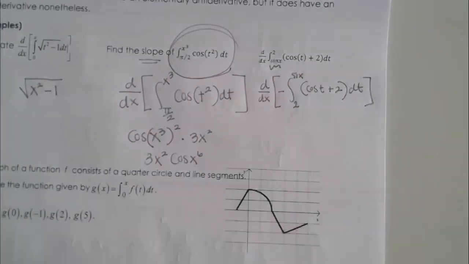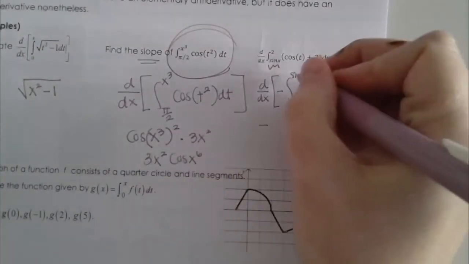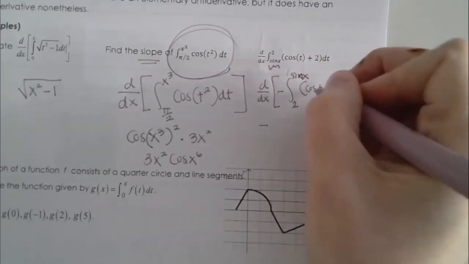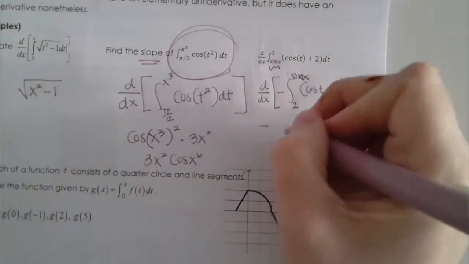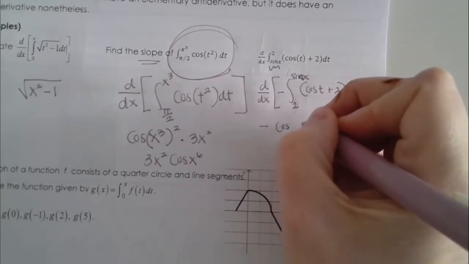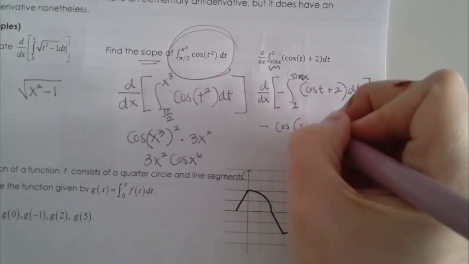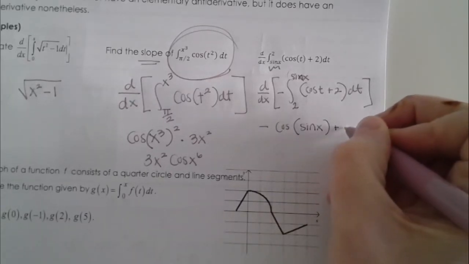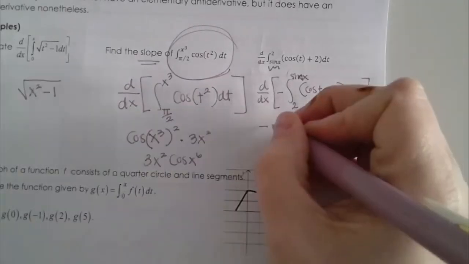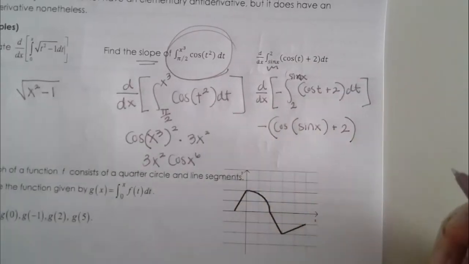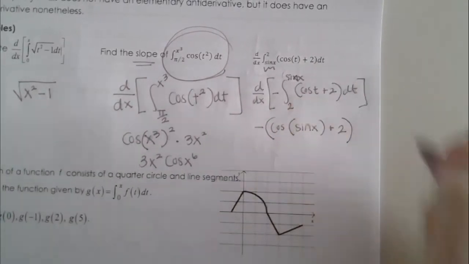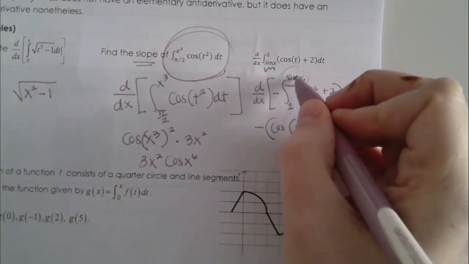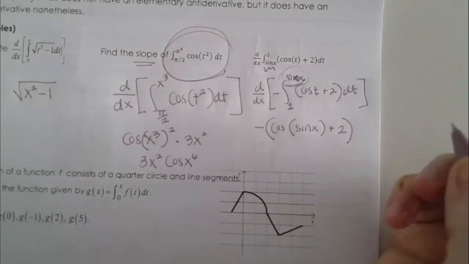Now that negative is just going to come along with us, and we're going to substitute sine x, our function, into where I see t. Well, I have cosine sine x. That's a little weird. And then plus 2. Then we need to remember that we take that times the derivative of the function we just put in. Anytime it's the function that goes in, it's times the derivative for chain rule.